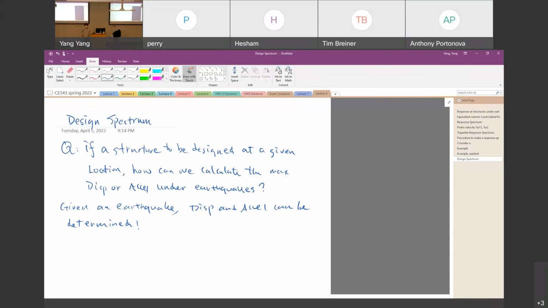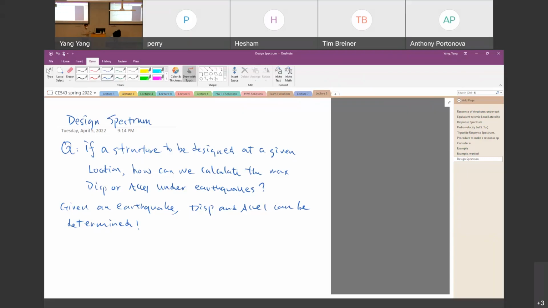If you design for that earthquake, your design may be too conservative for some structures. Right? So if you design a residential building for that earthquake, your design would be very conservative because I believe a lot of residential buildings will not be there after 100 years, especially in California.